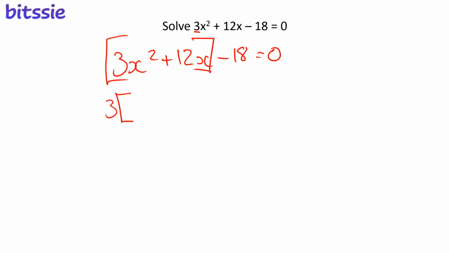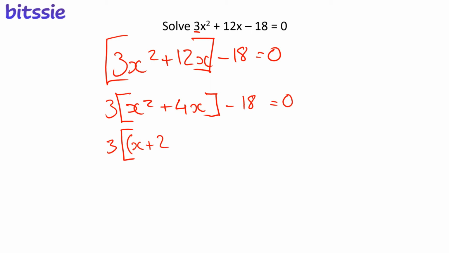Take out the 3, giving us x² + 4x inside, minus 18 equals 0. Then we put that into the brackets, (x + 2)², since 2 is half of 4, and minus 4, since 2 squared is 4. And then we throw on our minus 18 at the end.